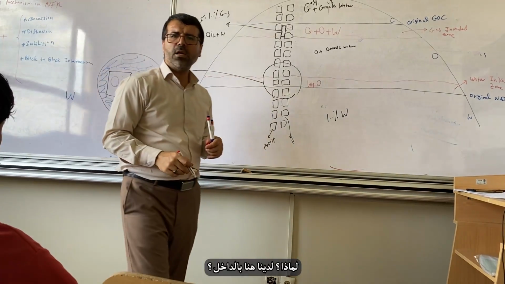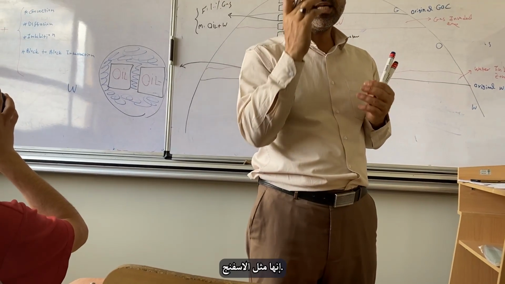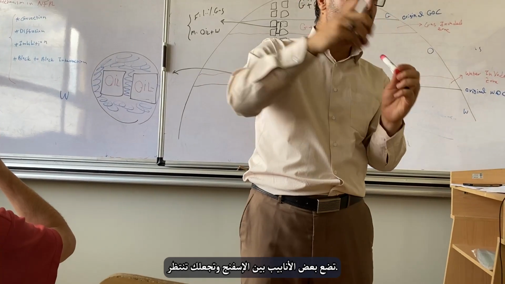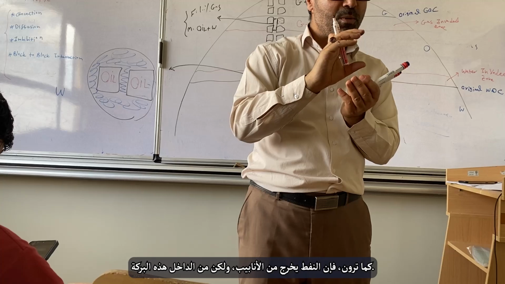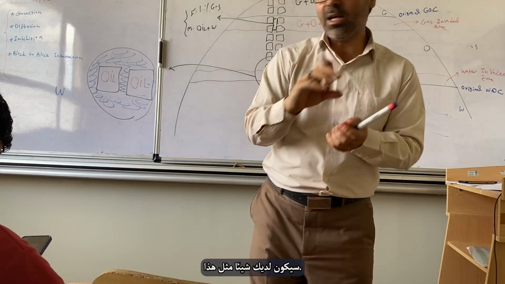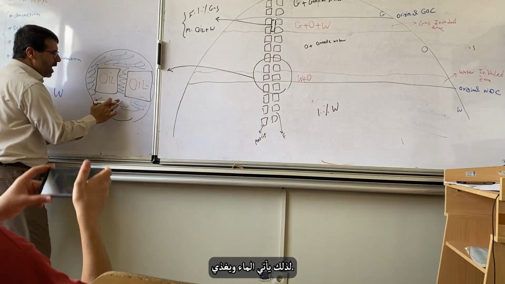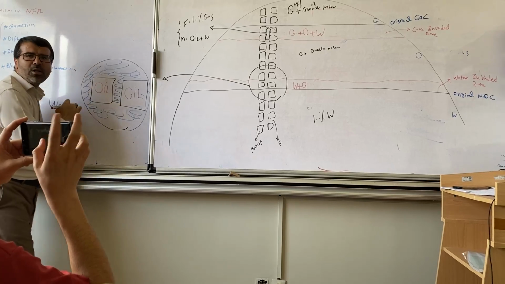Why do we have oil inside? Because the oil didn't have the time to produce. It's like a sponge. You put some pipe between the sponges and make a vacuum. So the oil comes out of the pipes, but from inside this sponge, you will have some oil. So the water comes up and fills the fractures, but the matrix contains oil.